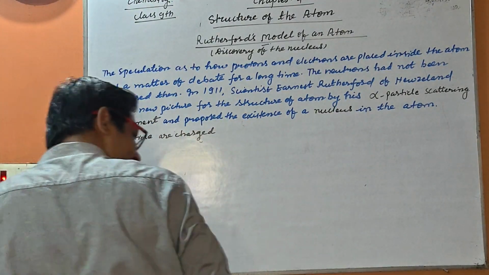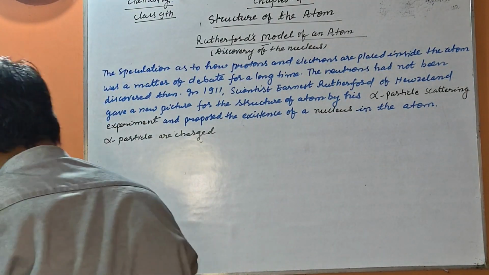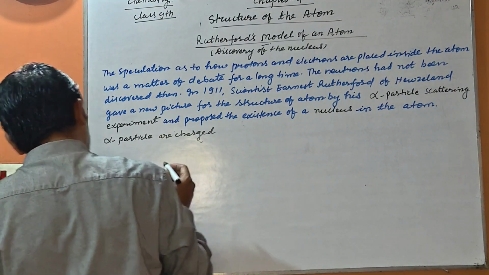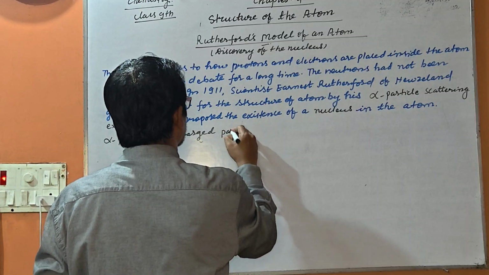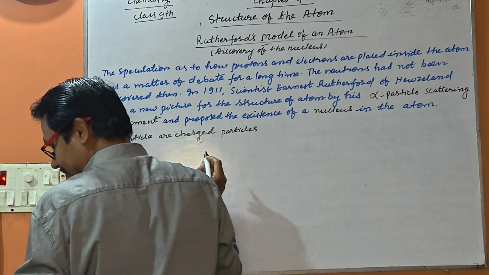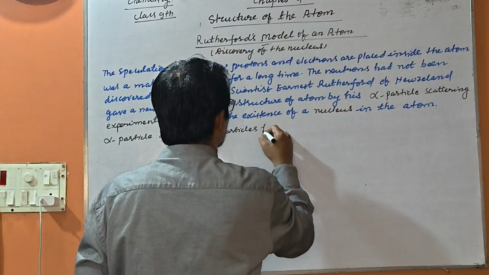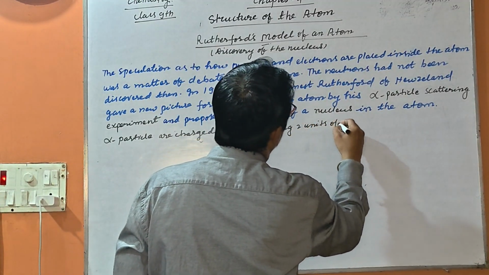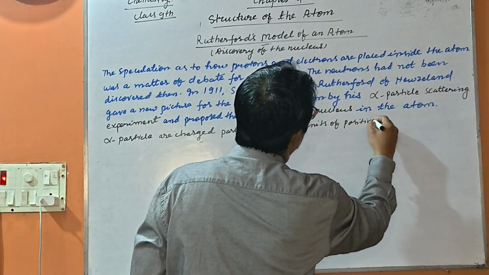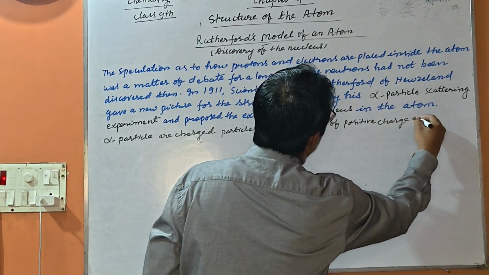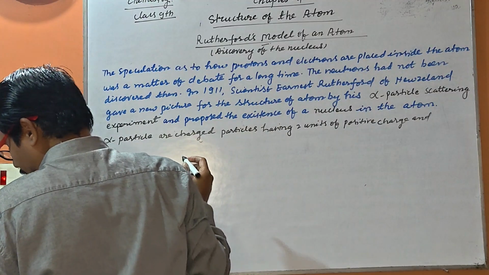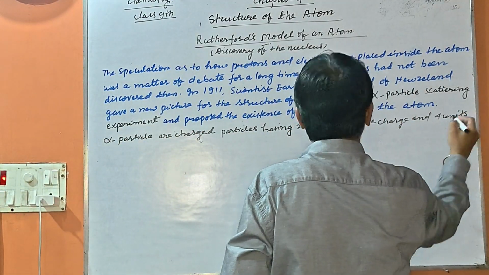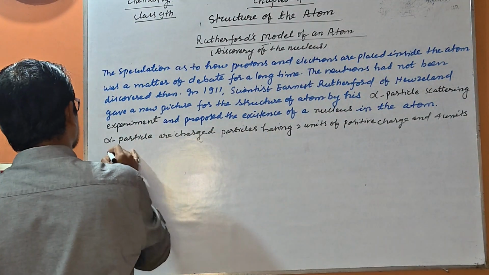Alpha particles are charged particles having 2 units of positive charge and 4 units of mass.